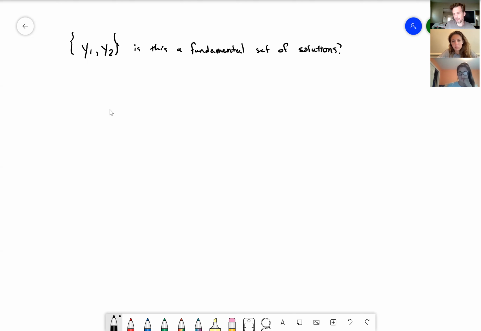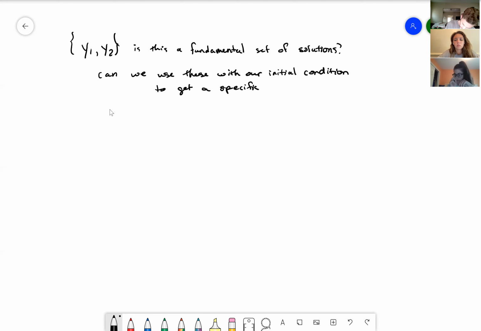And more specifically, we want to know, can we use these with our initial condition to get a specific solution? So that's ultimately what we were trying to figure out.